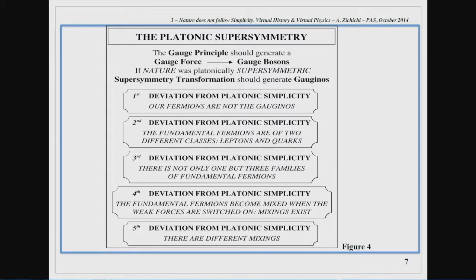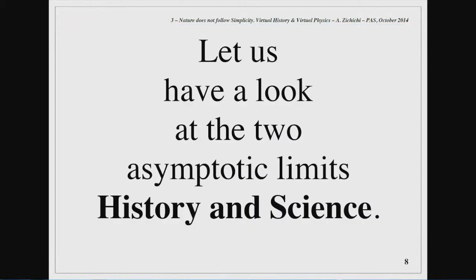Third deviation from Platonic simplicity: there is not only one, but three families, three columns of fundamental fermions. Fourth deviation from Platonic simplicity: the fundamental fermions do get mixed. Fifth deviation: there are many mixings. So you see that nature does not choose simplicity.